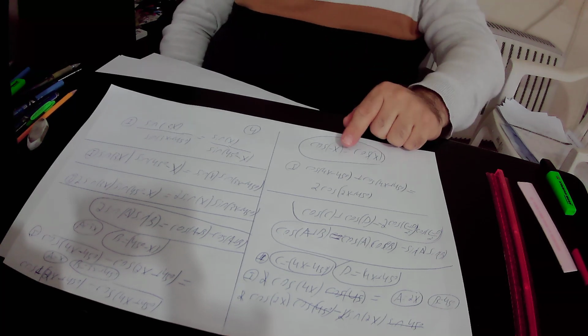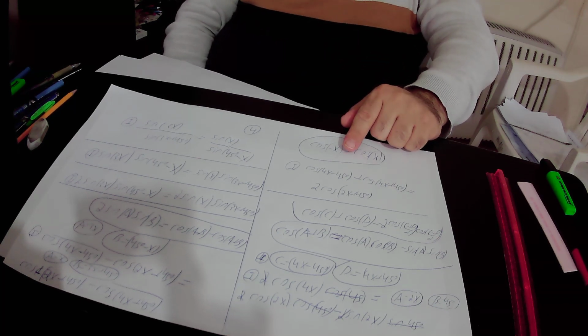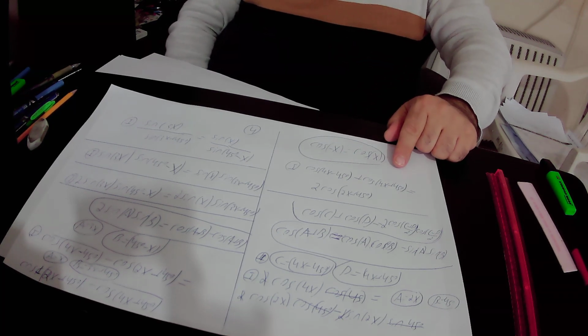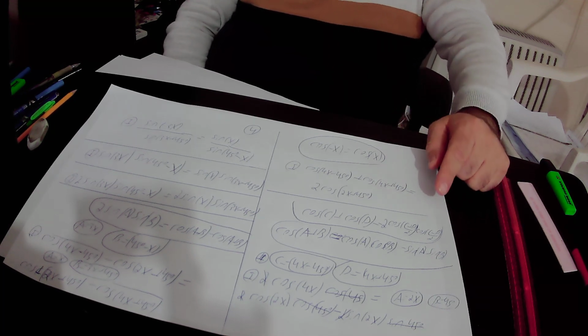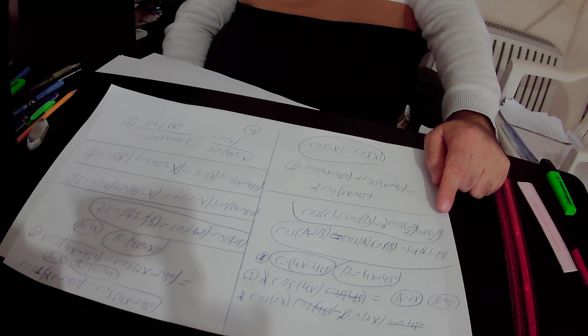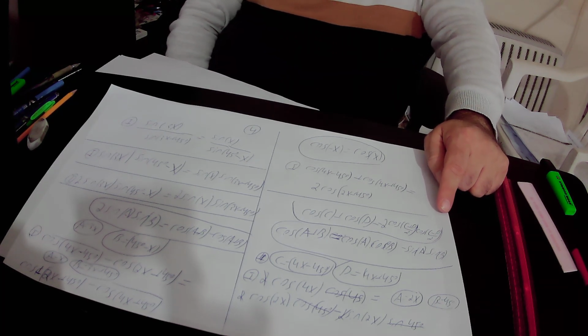Then the expression cosine 4x minus 45 degrees plus cosine 4x plus 45 degrees is very similar to the trigonometric identity that cosine C plus cosine D equals 2 cosine (C plus D) over 2 times cosine (C minus D) over 2.